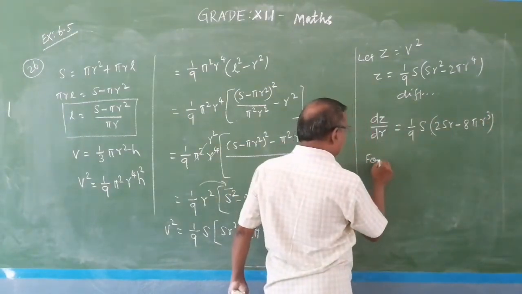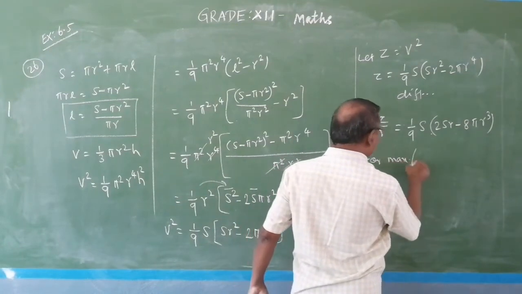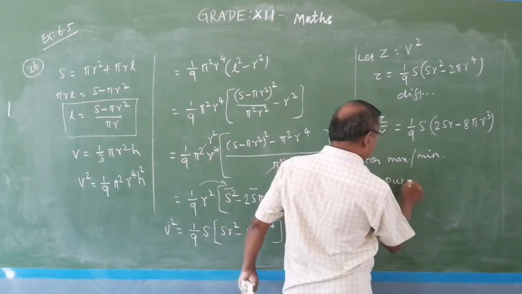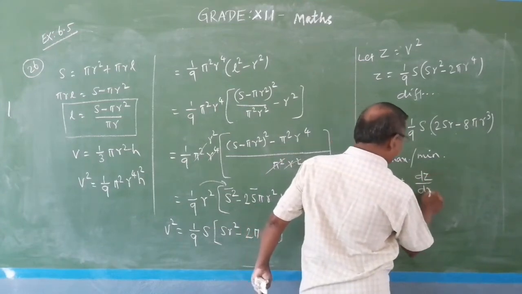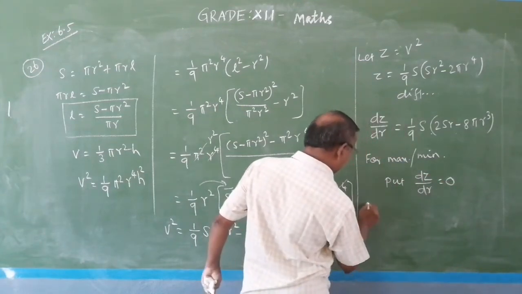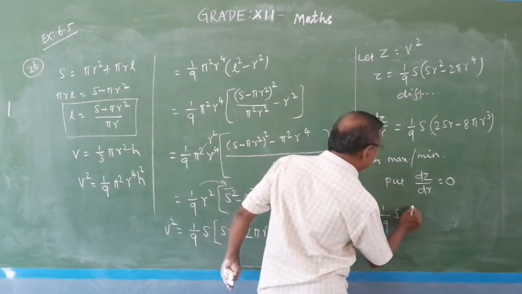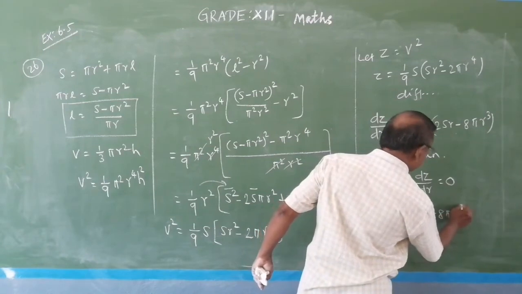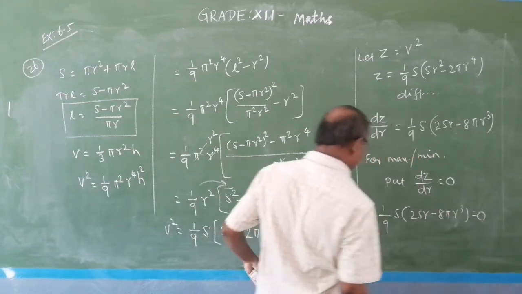For maximum or minimum, for critical numbers put dz by dr equal to 0. Therefore 1 by 9 s into 2sr minus 8 pi r cube equal to 0.